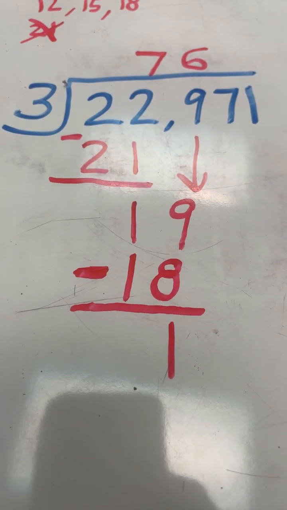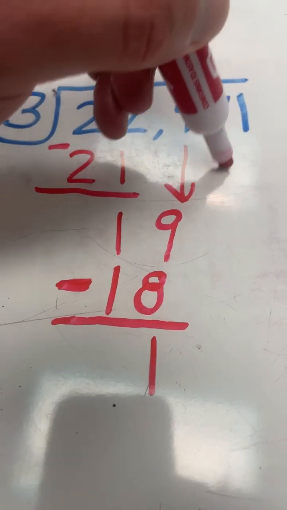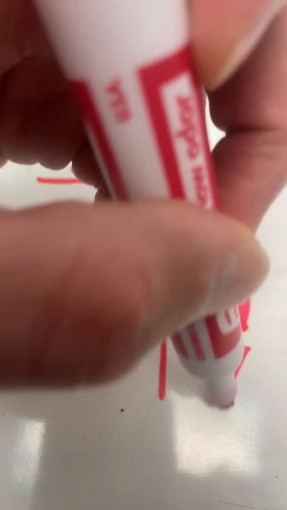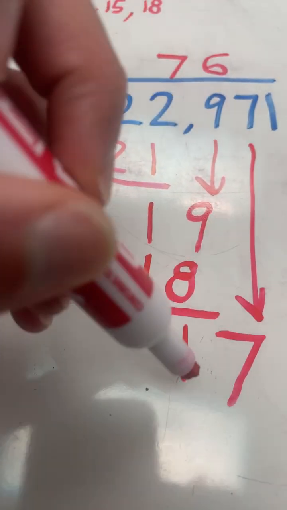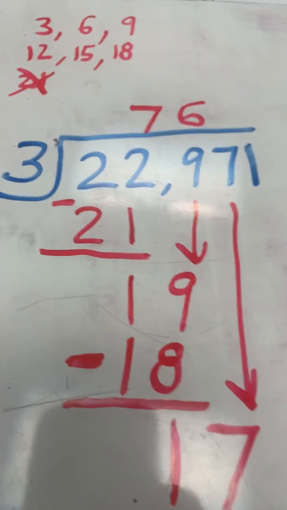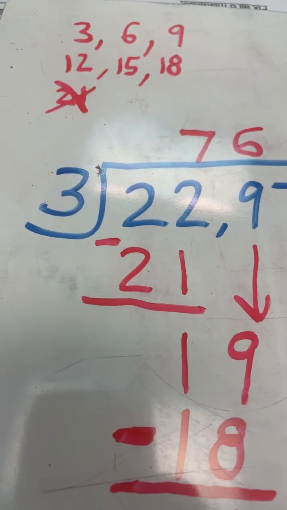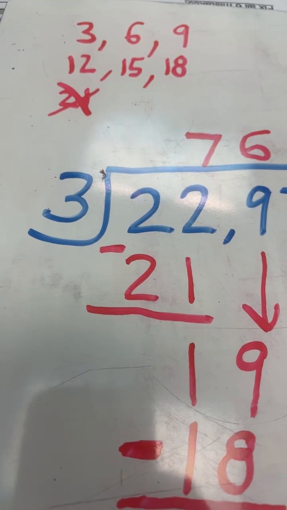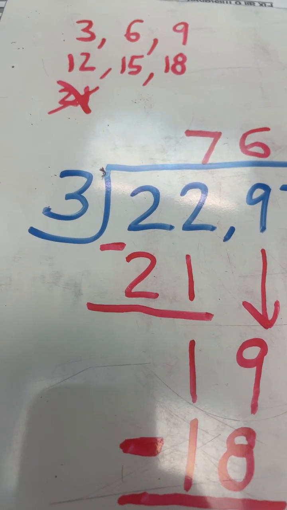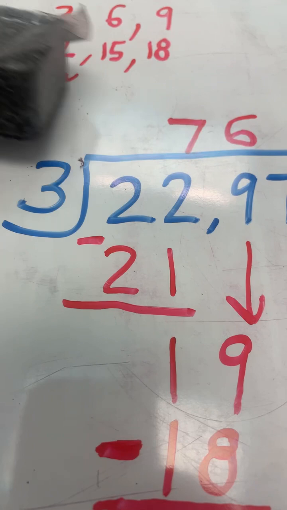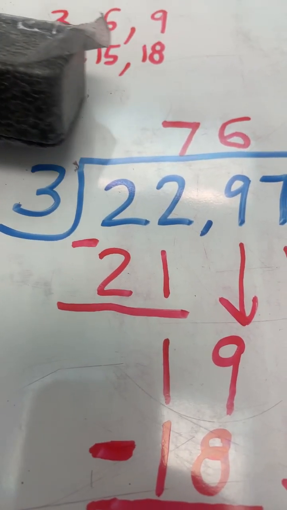Our next step is we bring down the next digit. We bring down the 7, and that 1 becomes a 17. Now, I could erase this and start at 3 and count by 3s all over again, but that would be kind of redundant. I already have the groups counted.